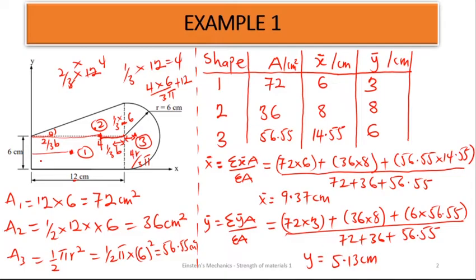So moving 5.13 on the y and on the x 9.37 will give you the center for the composite shape.